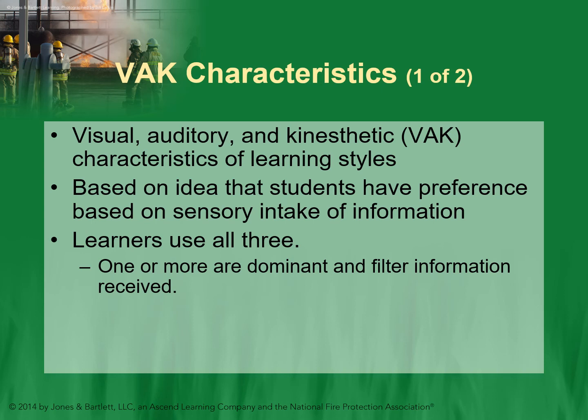The characterization of our learning styles is based on the idea that students have a preference based on sensory intake. Learners use all 3. One or more are dominant and filter the information that is received.